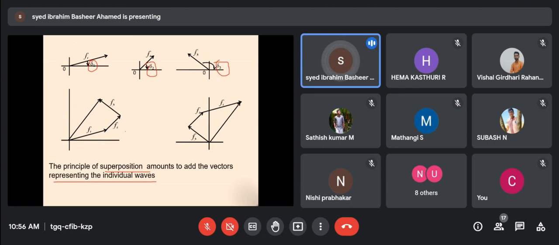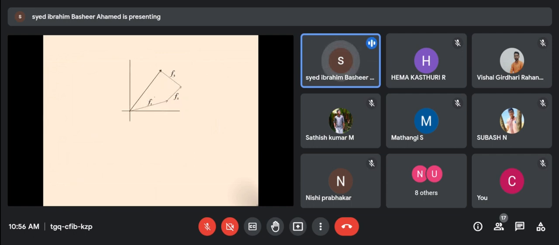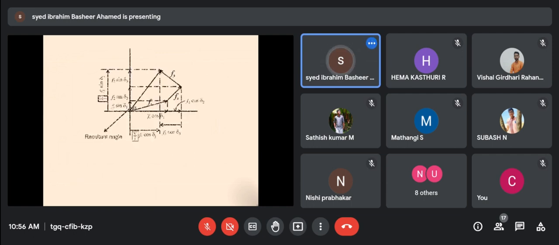So you can write the resultant wave in this way, or you can do it this way also. You can see this is the resultant wave, F1, F2, F3, and the resultant angle is alpha. Here the individual vector F1 has the part F1 cos delta 1 and the part F1 sin delta 1.